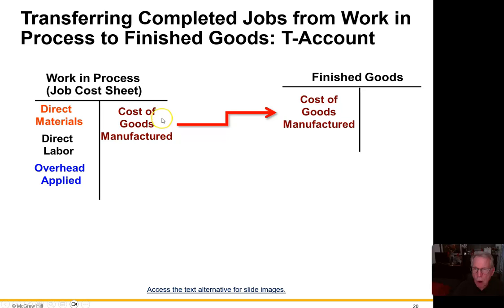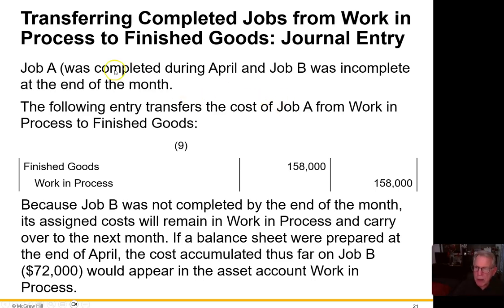So the cost of goods manufactured reflects the completed jobs in work in process. There's also costs still remaining in work in process for jobs that have not been completed. Okay, so that's what we're going to transfer into finished goods inventory. So how we do that, I think, is pretty straightforward.